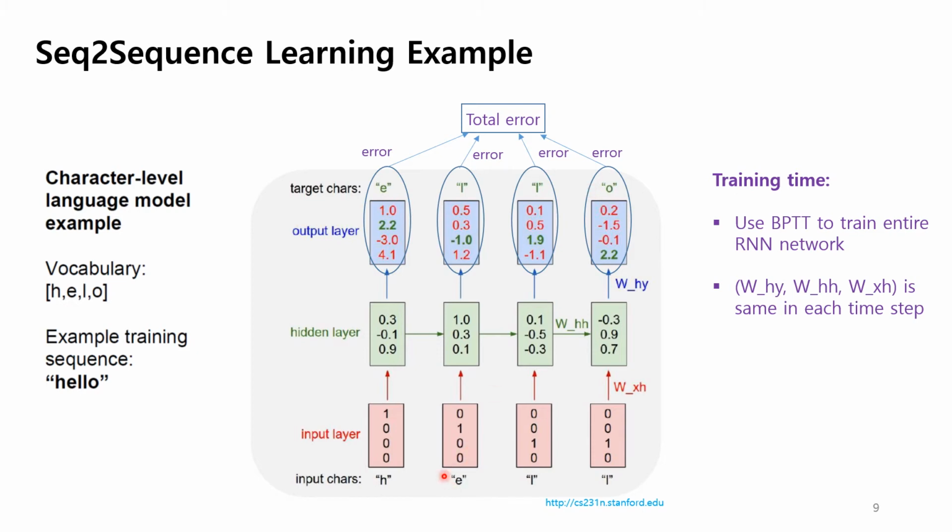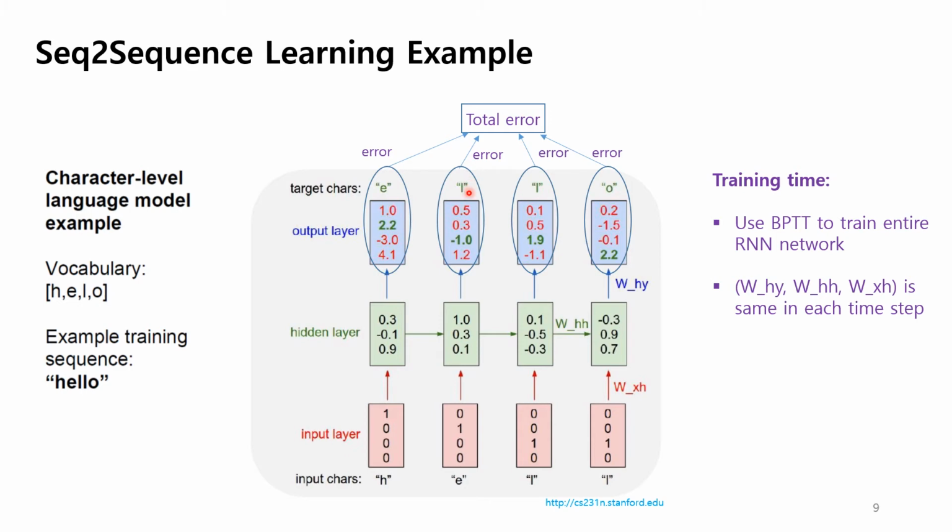In the next step we provide E, and in the hidden layer, using this E and the previous state, you compute the hidden layer. Using the hidden layer, you compute the output layer. You choose the maximum as output. In this case, the maximum is this again, so the output is O. Again it's an error.